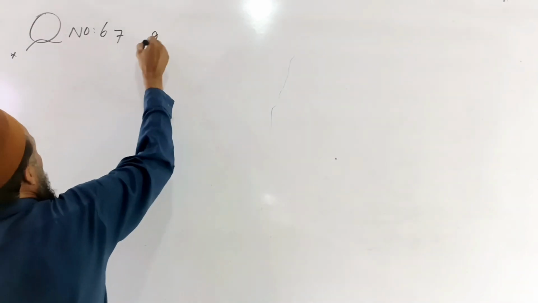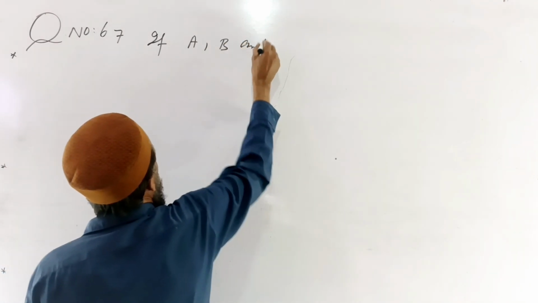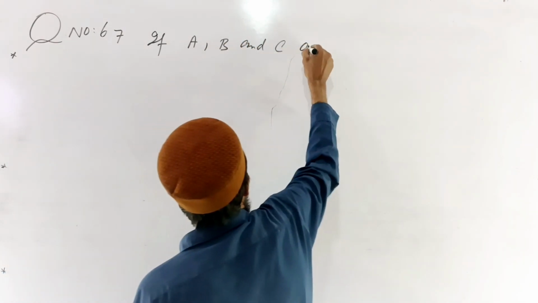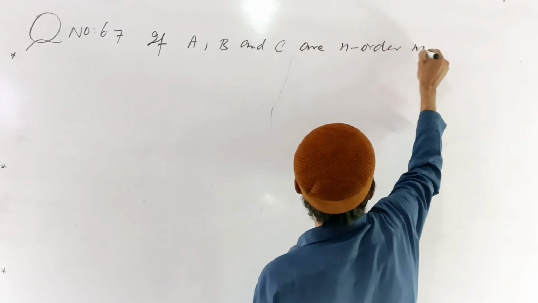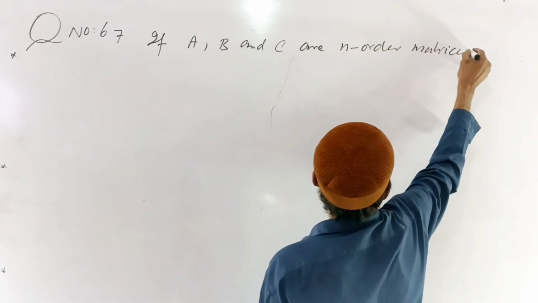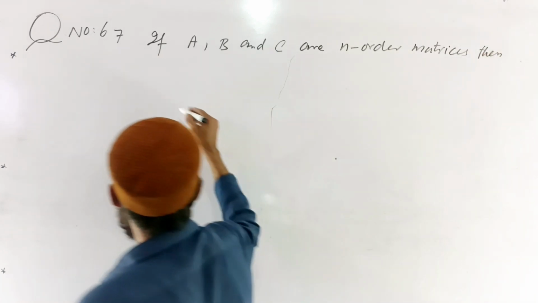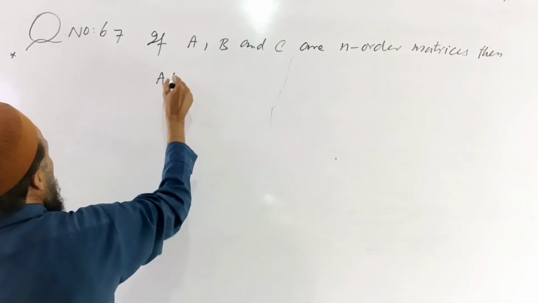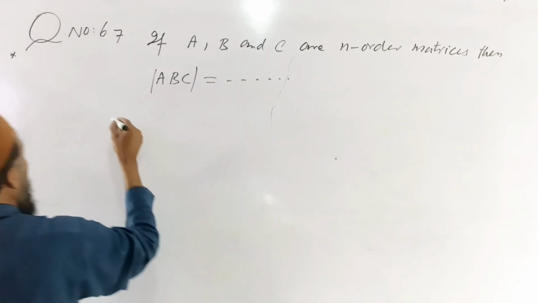If A, B and C are n order matrices, then the determinant of ABC is equal to, what is the answer?